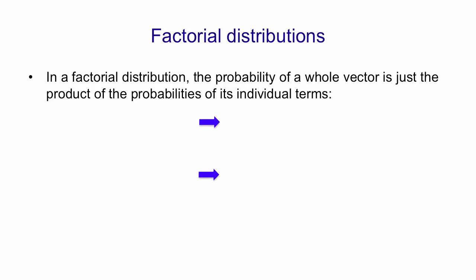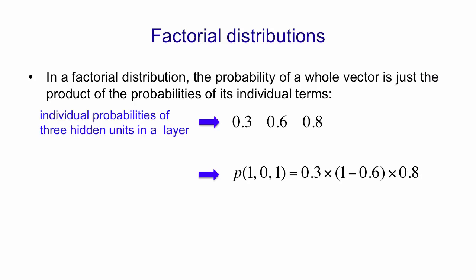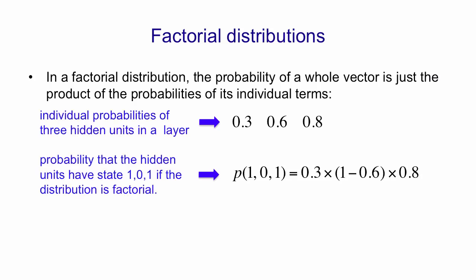So let's quickly look at what a factorial distribution is. In a factorial distribution, the probability of a whole vector is just the product of the probabilities of its individual terms. So suppose we have three hidden units in a layer, and they have probabilities of being on of 0.3, 0.6 and 0.8. If we want to compute the probability of the hidden layer having the state 1, 0, 1, we compute that by multiplying 0.3 by 1 minus 0.6 by 0.8.